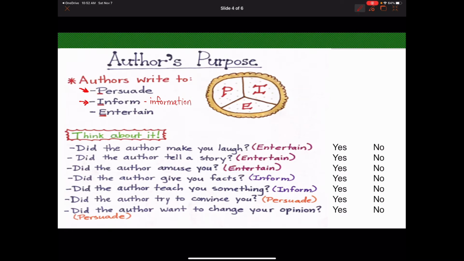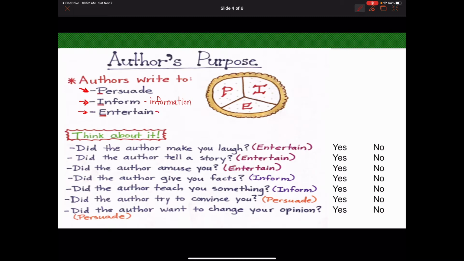So if the author is trying to inform us, that means they're trying to give us information or to teach us something or to explain how something works. And remember, inform means it's going to be nonfiction text. The last thing an author might try to do is entertain us.